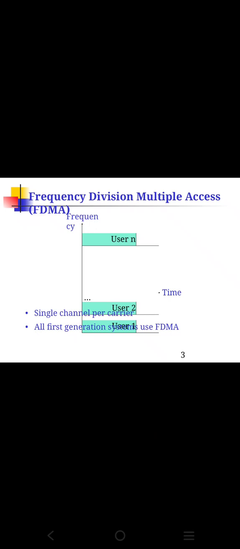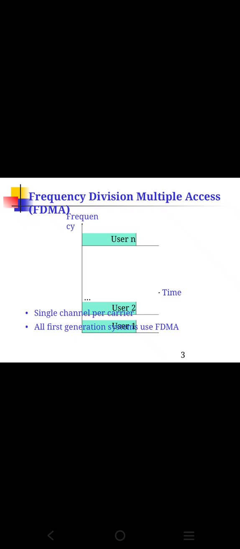FDMA allots a different frequency subband to each user to access the network. If FDMA is not in use, the channel is left idle instead of being allotted to other users. It is implemented in narrowband systems and is less complex than TDMA.